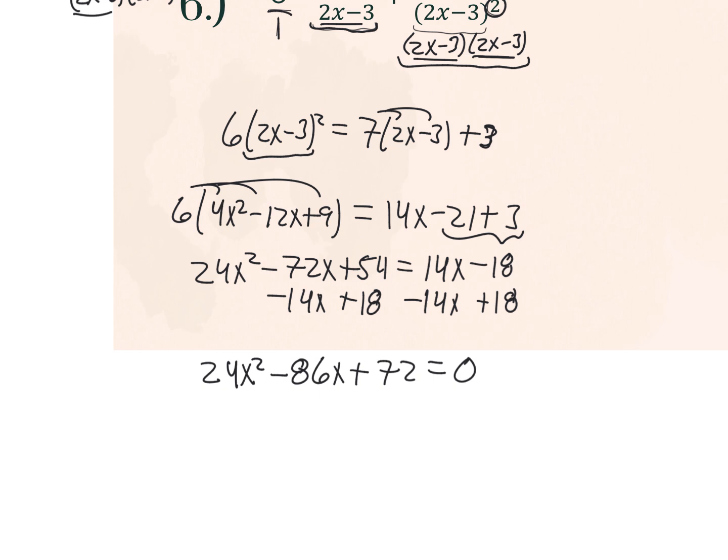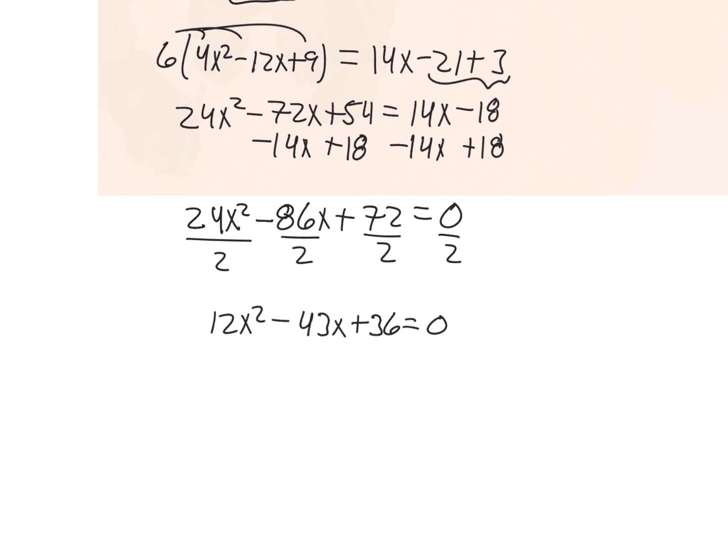So it looks like here I can take out a 2. If I divide every single thing here by 2, then we end up with a 12x squared minus 43x plus 36 equals 0. So still not fantastic, but definitely a little bit better than what we had before. So I can do 12 times 36.